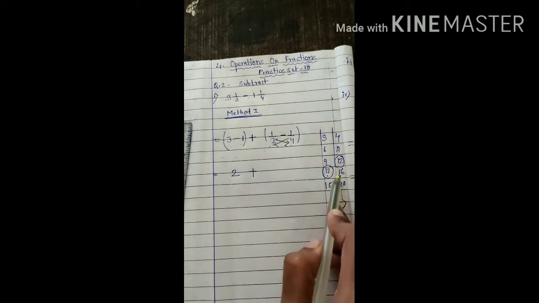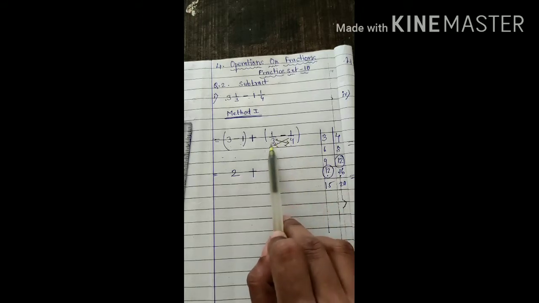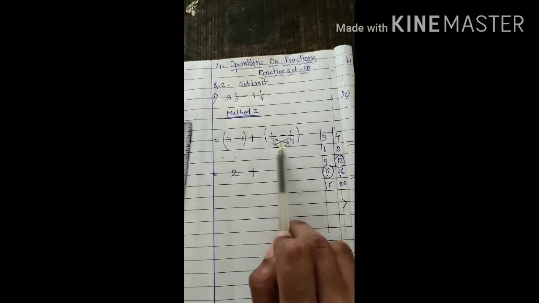That means 12 is the LCM of 3 and 4. You can take the LCM of 3 and 4, or you can multiply 3 by 4 and 4 by 3.